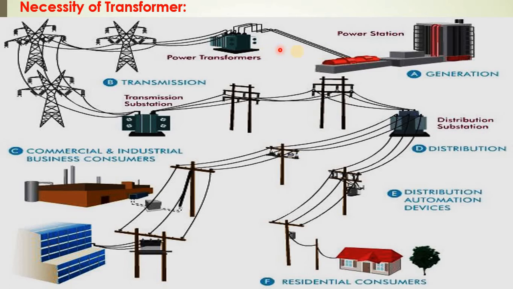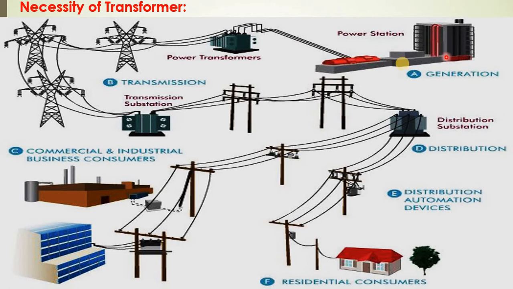So what is the voltage at the generating station? It may be 6.6 kV, it may be 11 kV. In the case of a wind turbine, the voltage level is very small, 690 volt, in a wind energy transfer system.